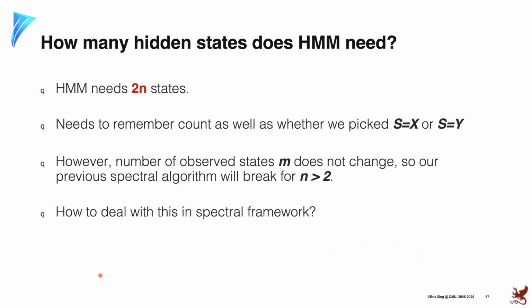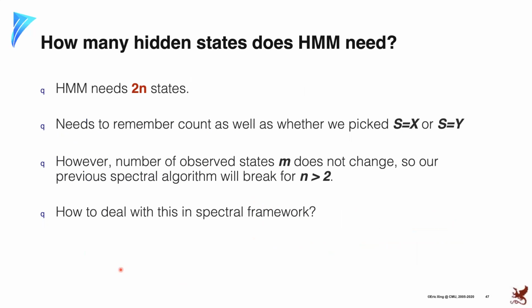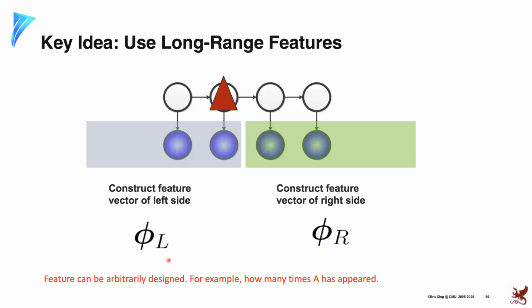Essentially, from the factorization part, we see that once k is greater than m, the original factorization will no longer exist. But under these circumstances we still want to estimate the joint probability. So the trick we use is, instead of using the values of the hidden variable as a key to curate the joint probability, we represent each observed variable using its long-range features.